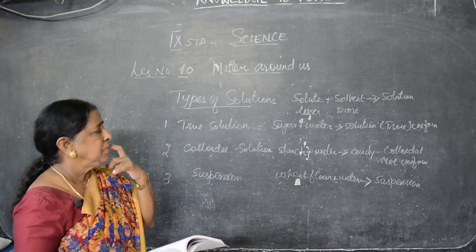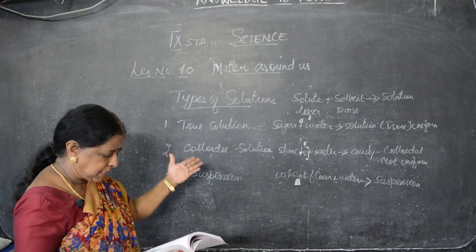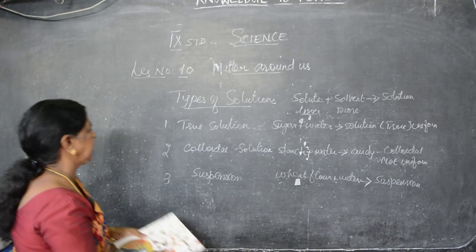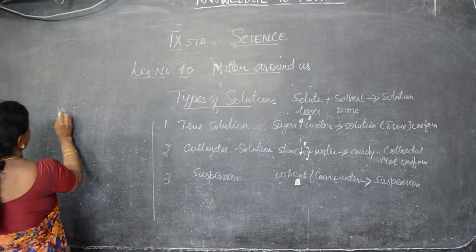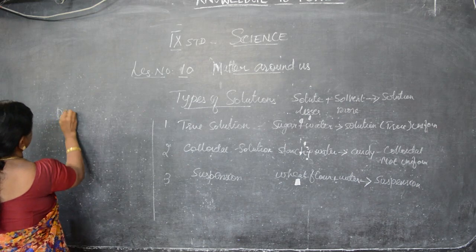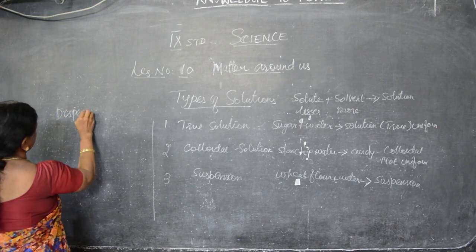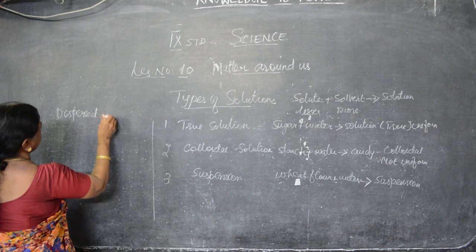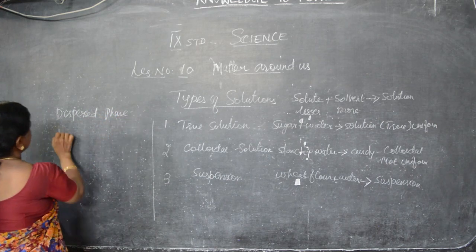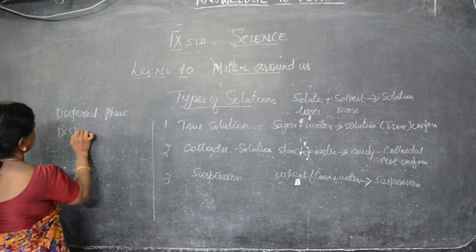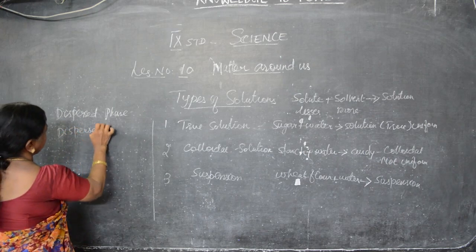So we have to see dispersed phase and medium. Next we have to see what? Dispersed phase and medium. Dispersed phase and dispersed medium.